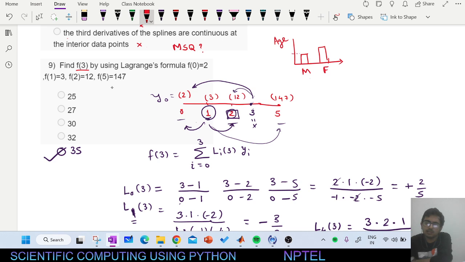Then let's say this is y0, this is y1. Then what is the average age? Yeah, you might say it is y0 plus y1 divided by 2. But this need not be correct, right? Why? Because you don't know how many males are there, how many females are there.